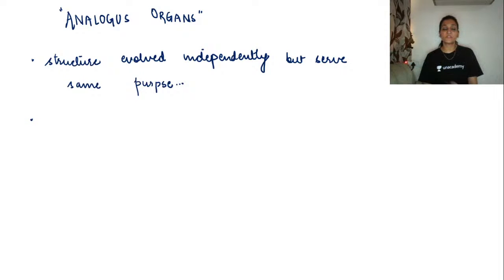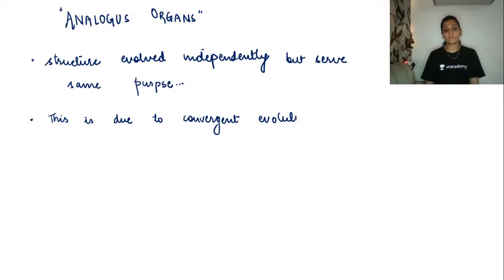Because of convergent evolution. They are different, but they have to perform the same function, so they are converging into the same line. So this is due to convergent evolution, where due to some environmental conditions, similar characters have developed, and similar characters are different in their origin.